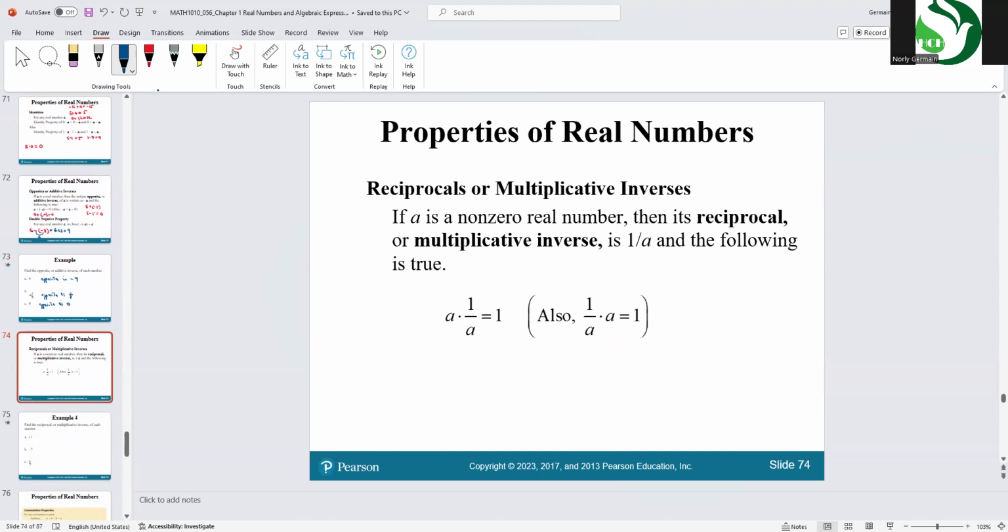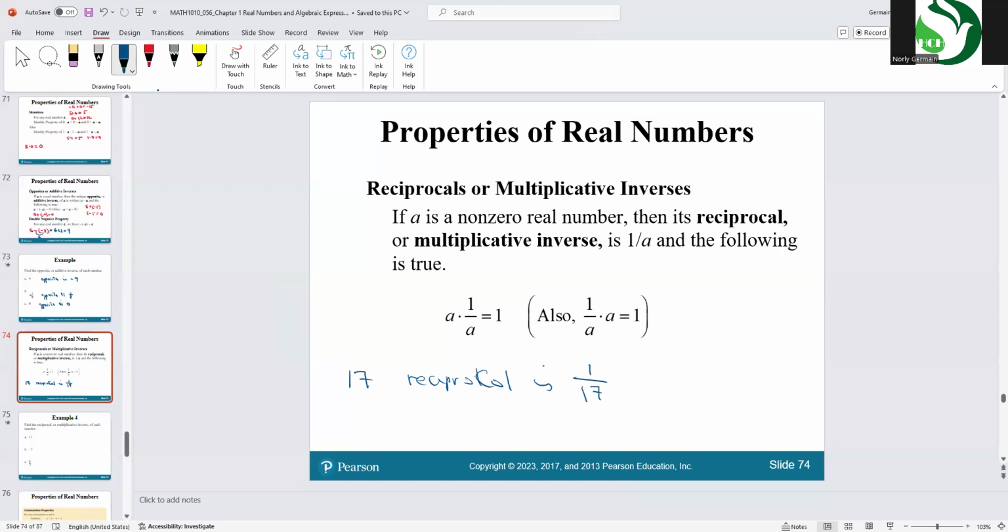So if we want to know, for example, the reciprocal of 17, you just flip it. Reciprocal is, you just flip it, okay? So that's going to give you 1 over 17.